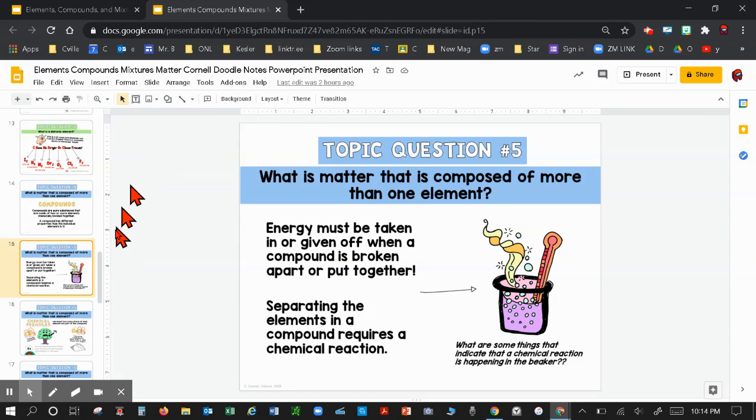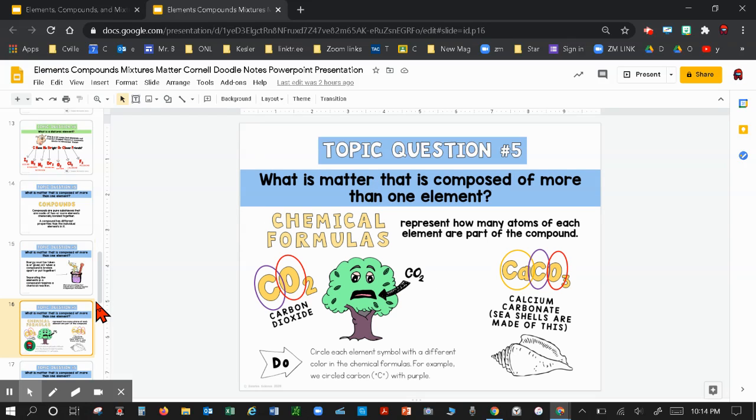So next, what I'd like you to do is we're going to take a look at the chemical formulas themselves. And chemical formulas represent how many atoms of each element are a part of the compound. So you're going to see some circles and ovals at the very bottom of the screen.